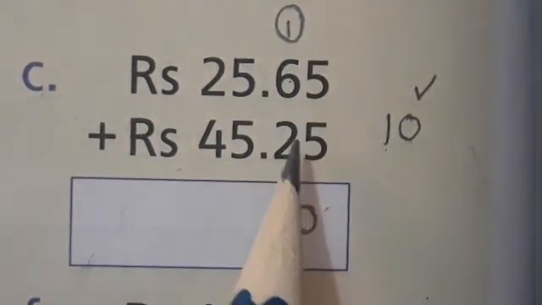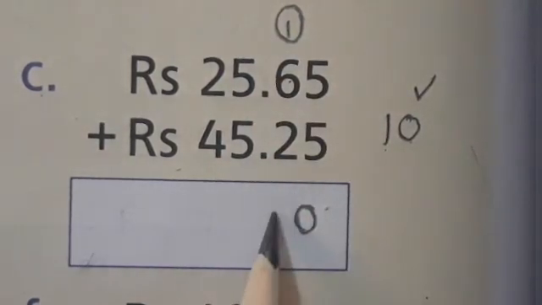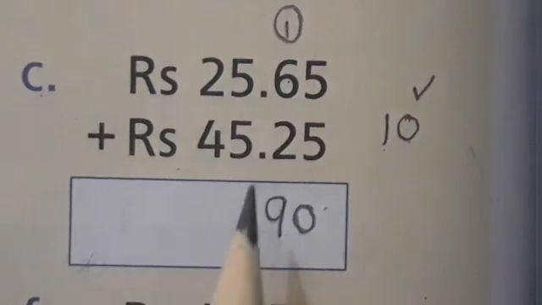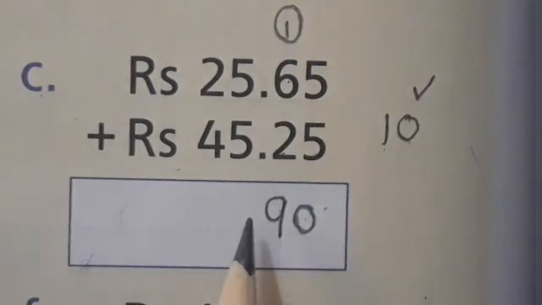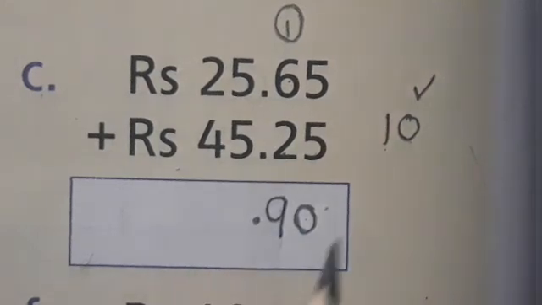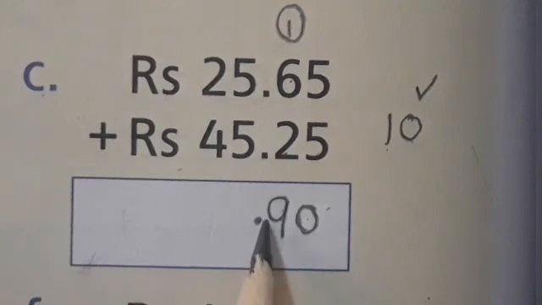So 6 and 1, 7, 7 and 2, 9. And after two digits there is a point, so after two digits we will also put a point. It's very important to put a point over here.